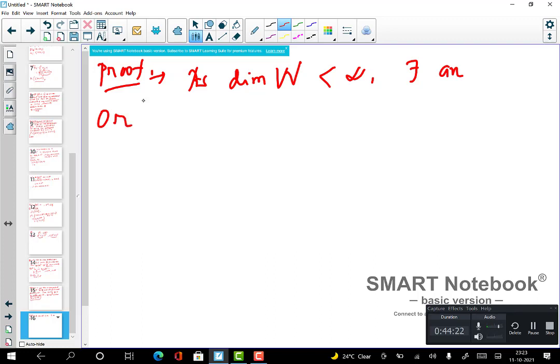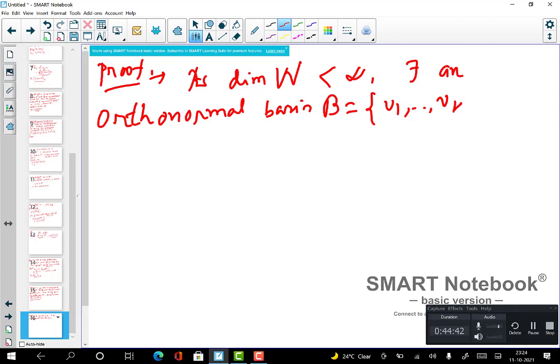Okay, so I'm choosing an orthonormal basis. I know that this always exists, because I can do the Gram-Schmidt method. Let me write down B, and the elements are V1, V2, up to Vk of W. So this is the orthonormal basis of W.